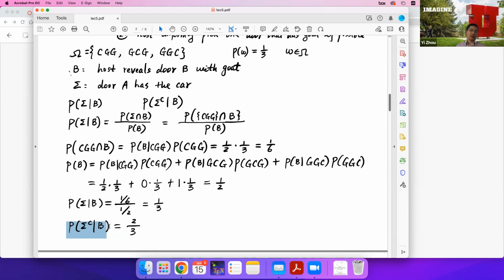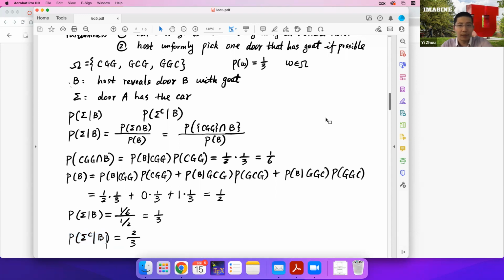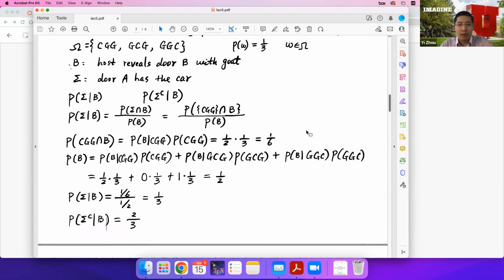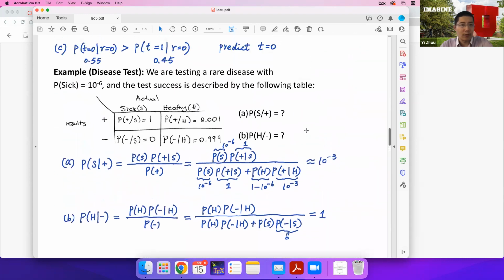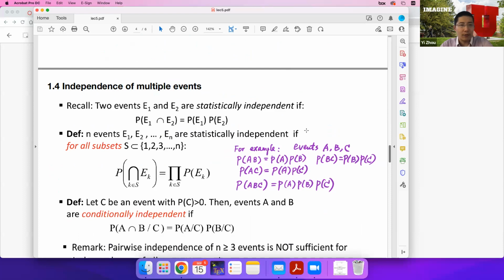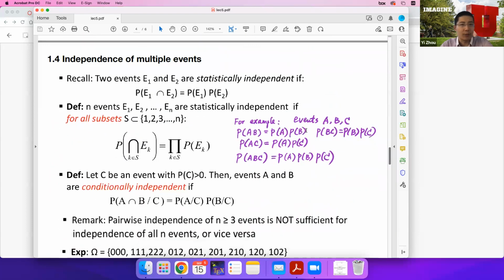This means that you should always switch to the other door and change your selection. And that finishes 1.3.